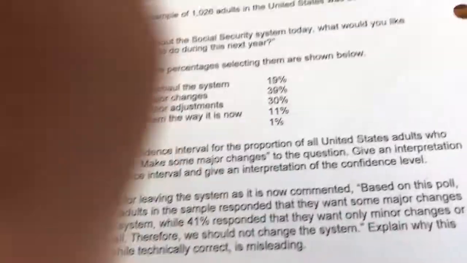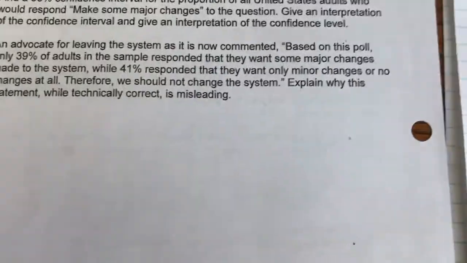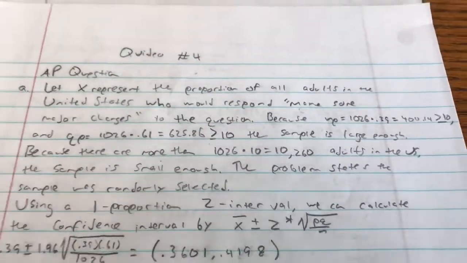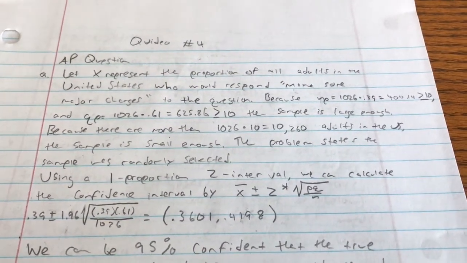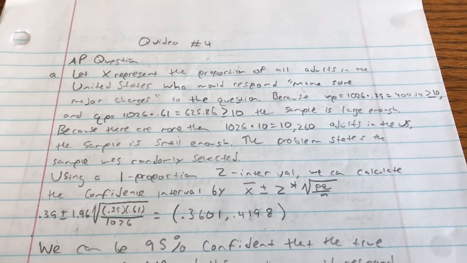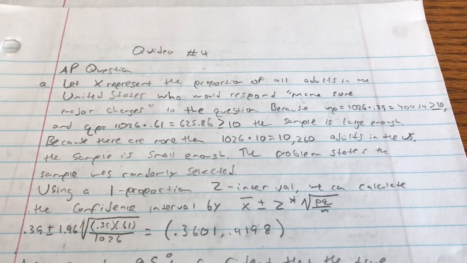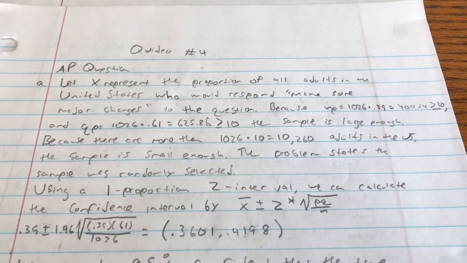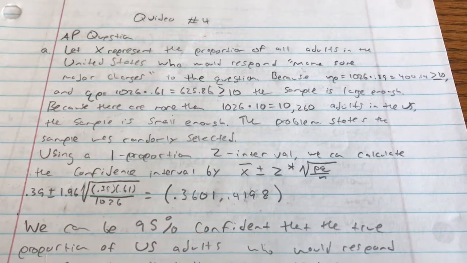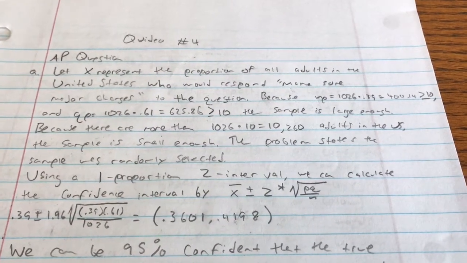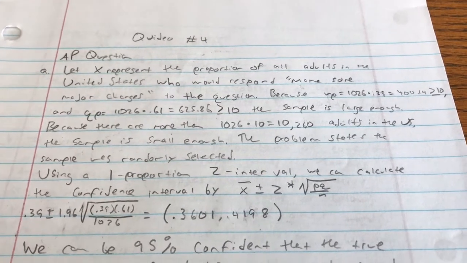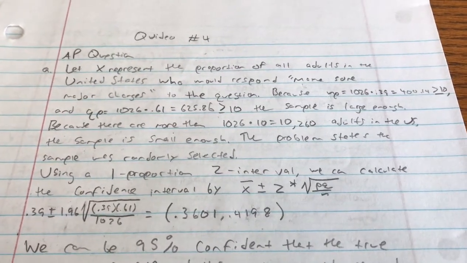The best thing to do when you're asked to calculate and interpret is to do PANTS. Start out identifying the parameter of interest. We're going to say p represents the proportion of adults who would respond, make some major changes, to the question. We want to check our assumptions as well. np is 1,026 times 0.39, which is about 400, obviously greater than 10.